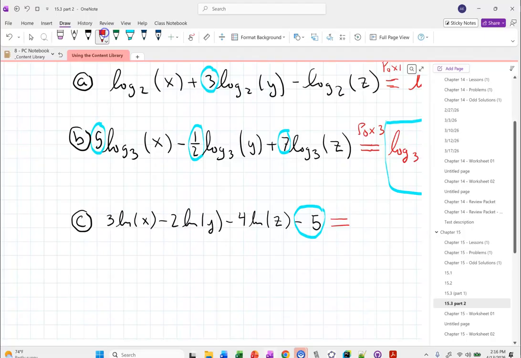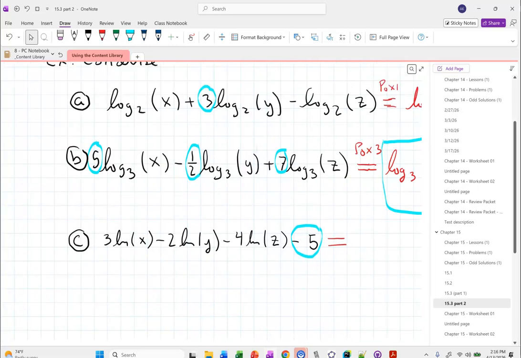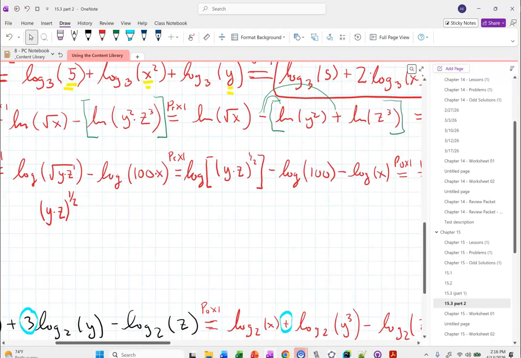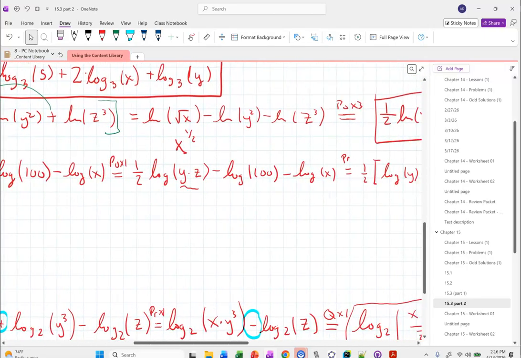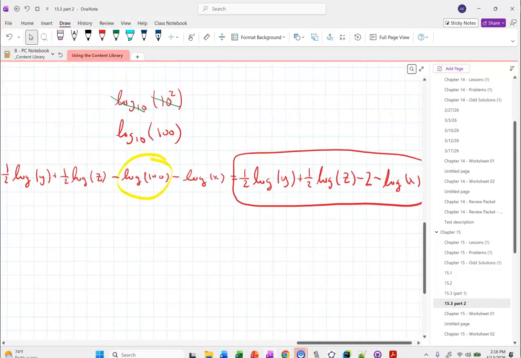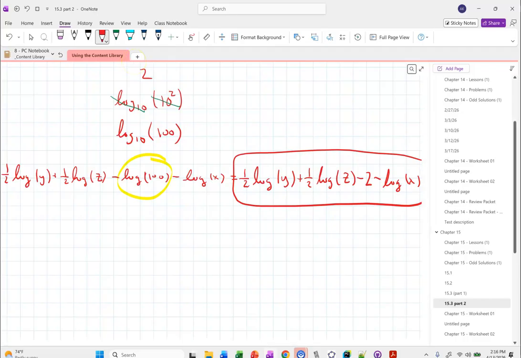So let's go back and point this out to you guys. When we did example C for expanding, remember we got to the very end and log base 100 turned into 2, right? You guys remember doing this?